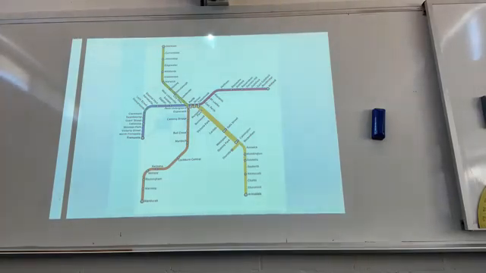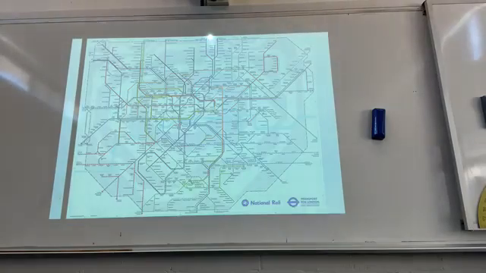This was quite old. However, if you think about it, who has been to London? And have you been on the railway, the network? It's like a maze. You've got to be really careful with the London Underground.